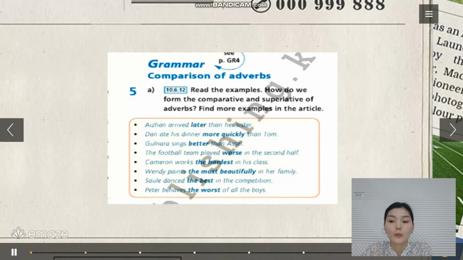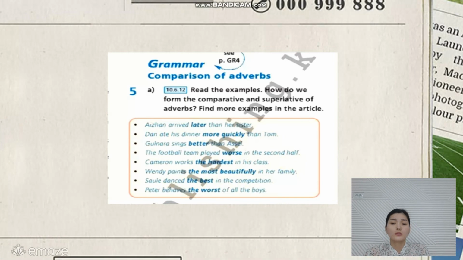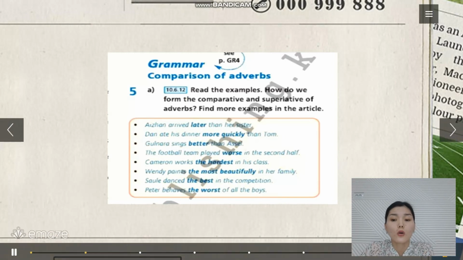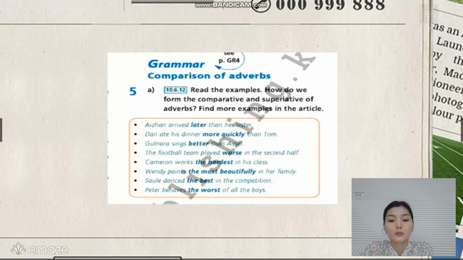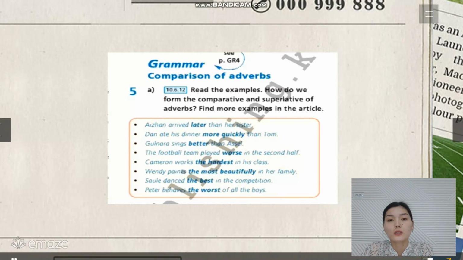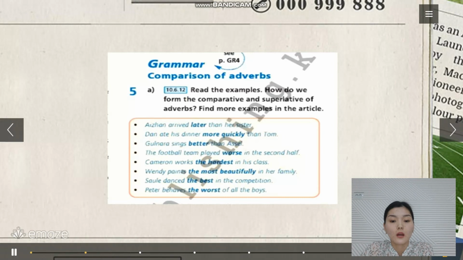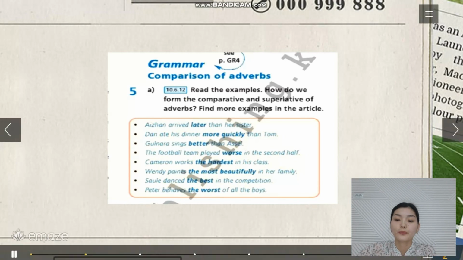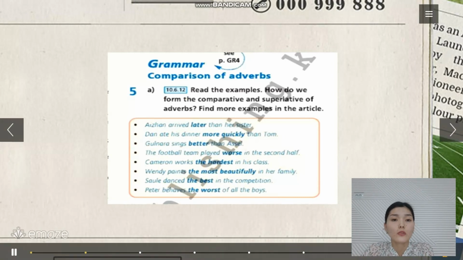Now let's revise some grammar, comparison of adverbs, and please look at the examples and tell me what is the difference between these sentences. What is a comparison of adverbs, how we make adverbs, and how we compare them with each other. The first sentence, Ayjan arrived later than her sister.